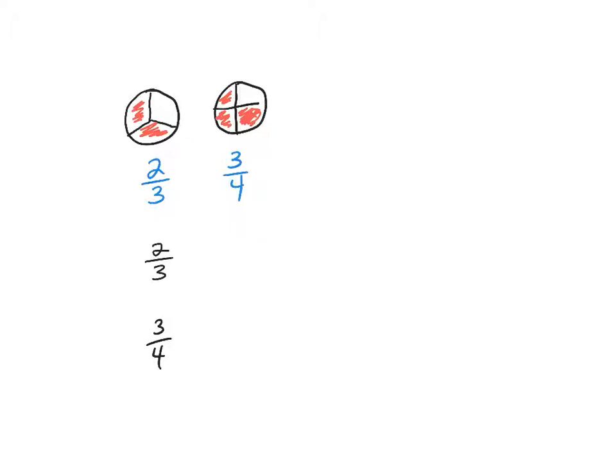So first I'm going to figure out the multiples of 3: 3, 6, 9, 12, 15, and I could go on. For 4, when I write down the multiples of 4: 4, 8, 12, 16, and I notice that they do have a common multiple of 12.